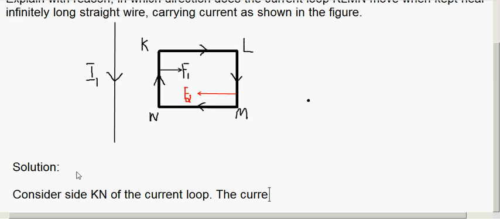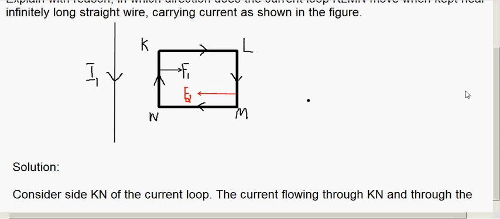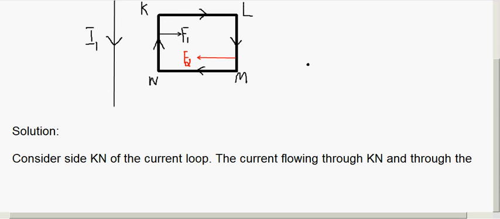The current flowing through KN and through the straight wire are in the same direction.